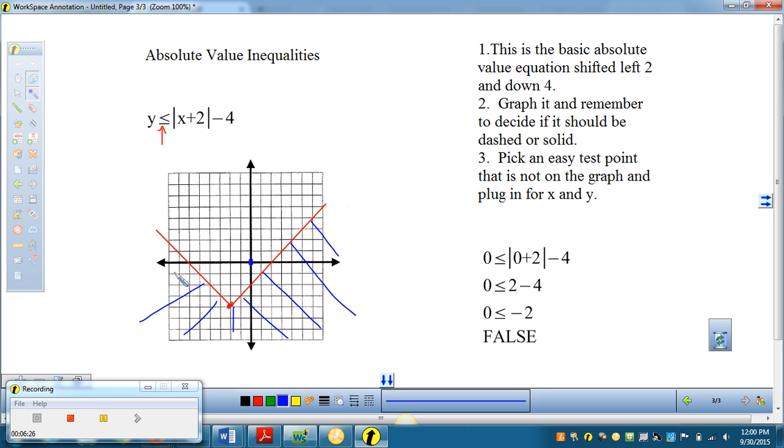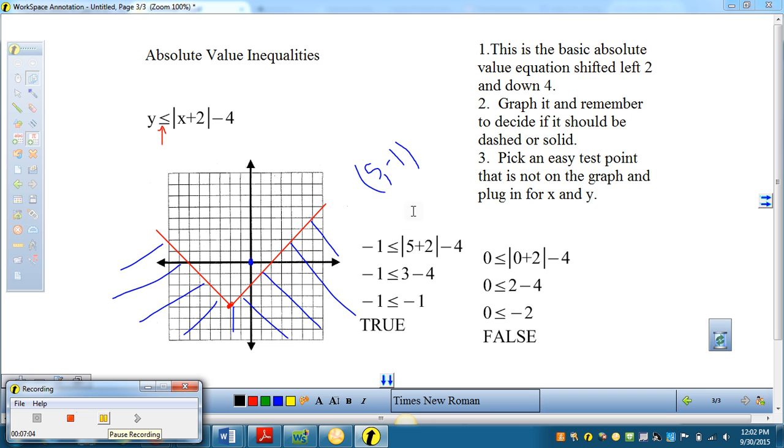So that means our solution, if we pick an x, y coordinate anywhere in this blue shaded region, it should work in this inequality. So if I picked the point 1, 2, 3, 4, 5, negative 1, let's look at that one. 5, negative 1. I'll plug it in and see if it makes a true statement. We plug in negative 1 for y, and 5 for x, and we see what we get. Okay, I fixed a little typo.